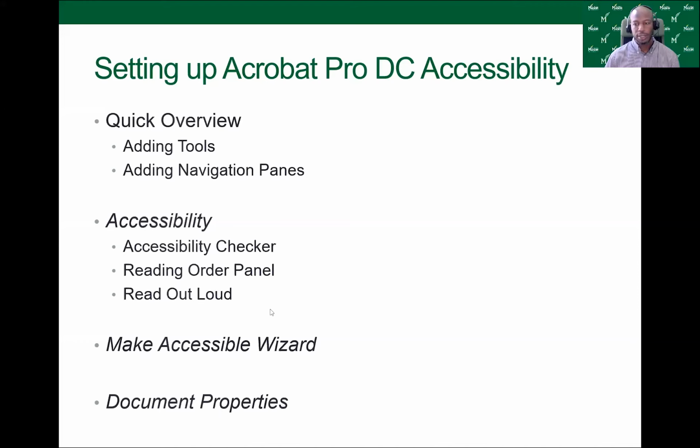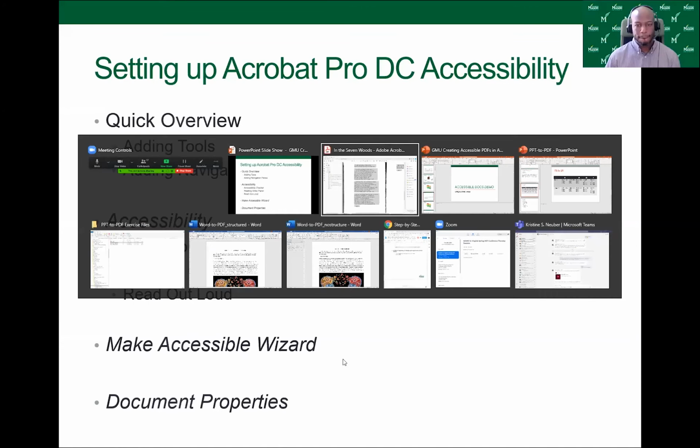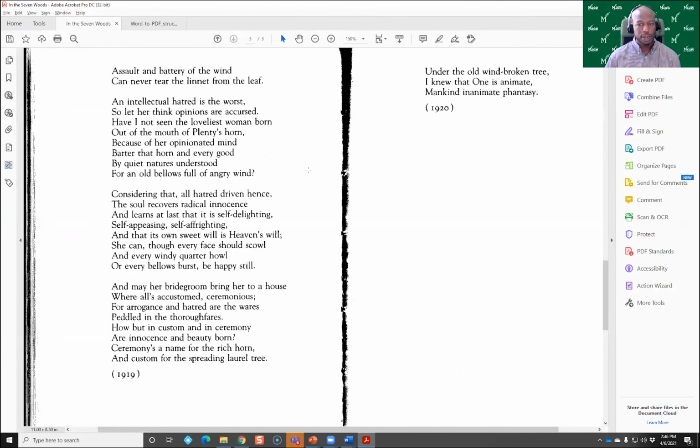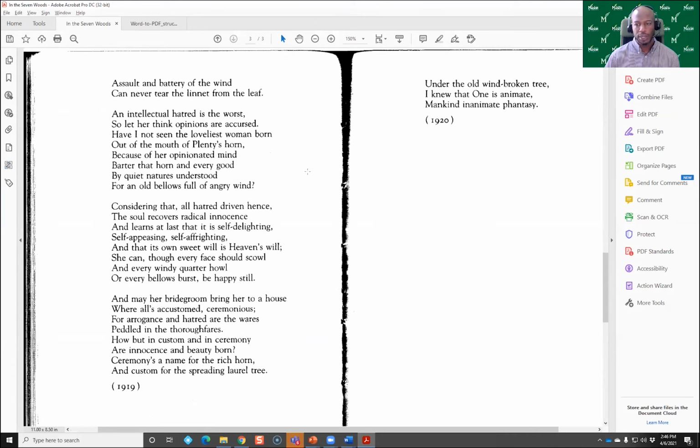We talked about make accessible, but we didn't talk about document properties. The easiest way to get into properties, and these are things you kind of received in an automated format. I'm going to jump around a little bit just so we can get some of this other information in.